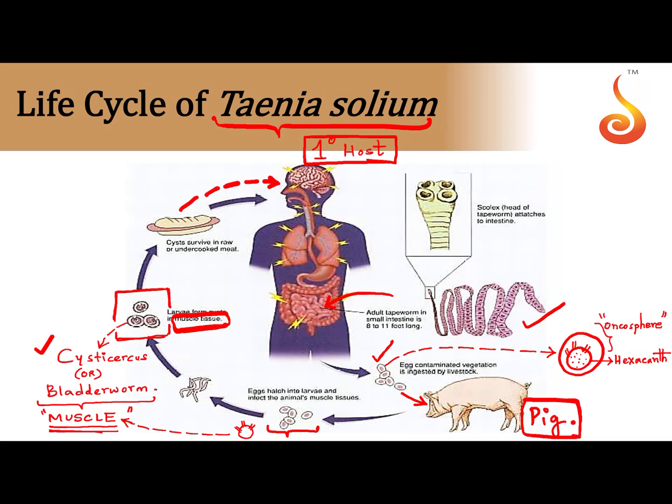Once he consumes this cysticercus larvae, again it takes about 3 to 4 months for these larvae to reach the small intestine and transform into the adult tapeworm, and the same cycle will repeat all over again.